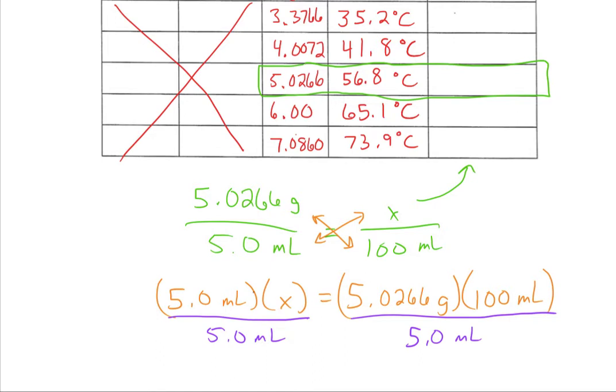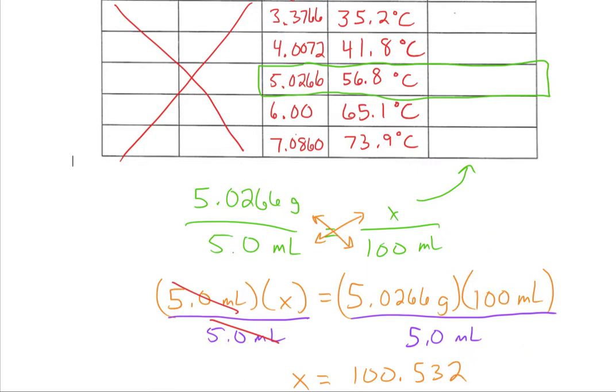Okay, so on this side, if I divide by 5, all it's doing is getting rid of that original 5. Algebraically, it's like moving it over to the other side of the expression. And now you have a complete mathematical expression that you can plug and chug on your calculator to determine x. When you do that, you see that x is equal to 100.532.